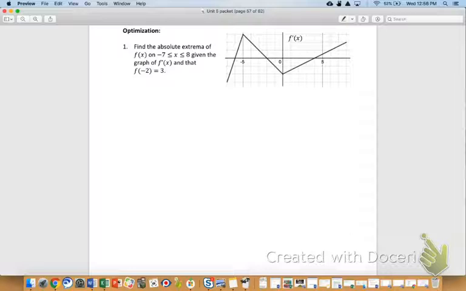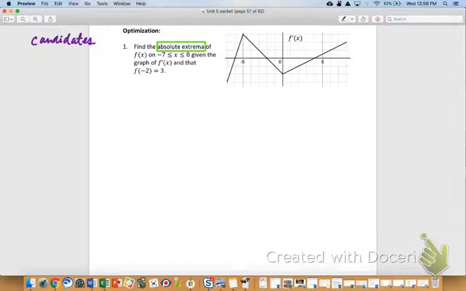So let's go back. This is a phrase that you have seen quite a few times. You started seeing this back in late October, November, something like that. What are the candidates for absolute extrema? Where f prime is 0, or where f prime doesn't exist, or endpoints.